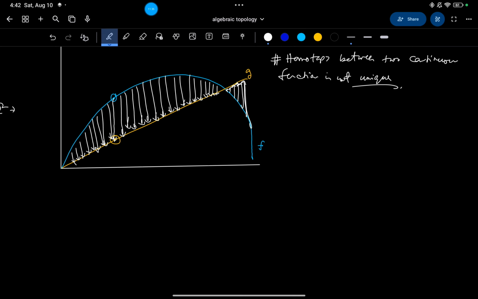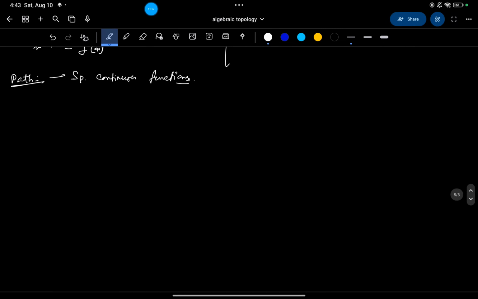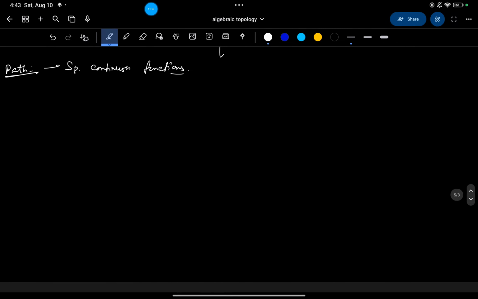I have proved it in the last lecture videos. So you try it, or otherwise if you can't get it properly, move to lecture 1 of LTOP, whatever you find. Alright, so in case of paths also you can define the homotopy between two paths.